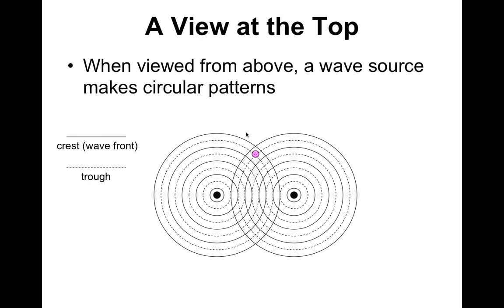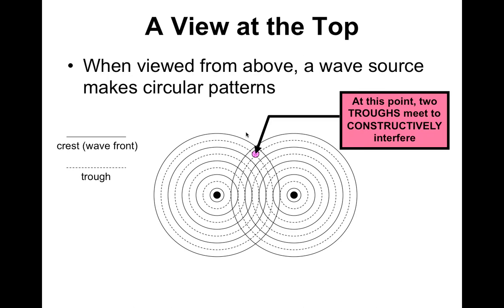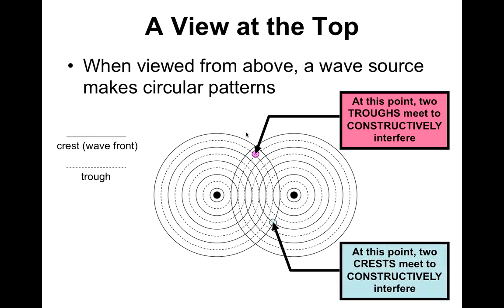Here you have two troughs, and if two troughs meet, two of the same pulses, we will have constructive interference. If you look at this one on the bottom, we have two solid lines that interfere, and those are two crests. Again, two of the same pulses that interfere give constructive interference.